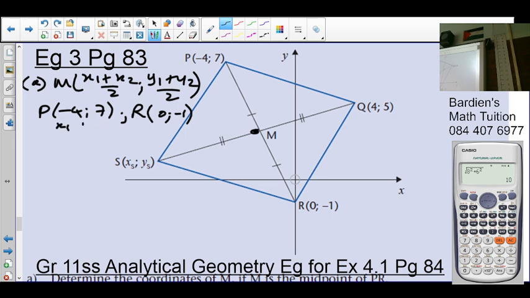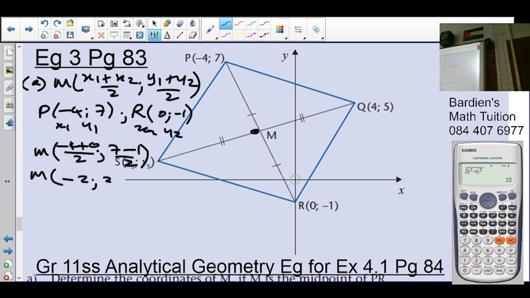If we make that x1, y1, it will be x2, y2. So M is going to be (-4 plus 0 over 2, 7 minus 1 over 2). So M gives us (-2, 3).